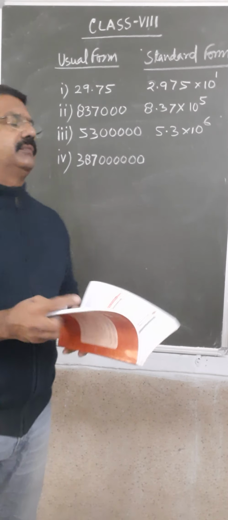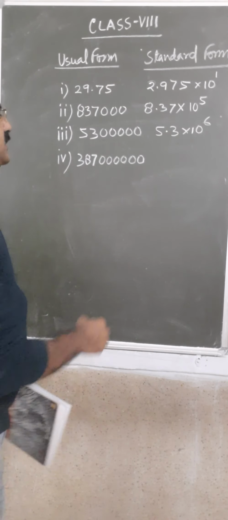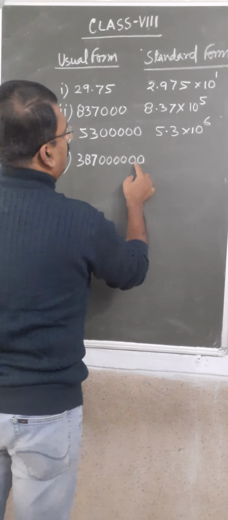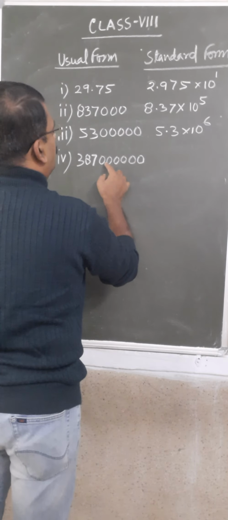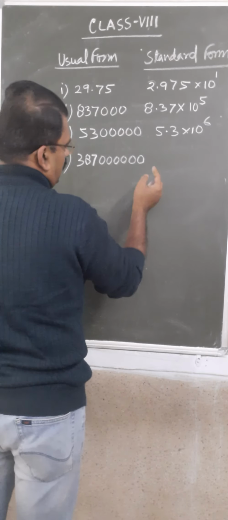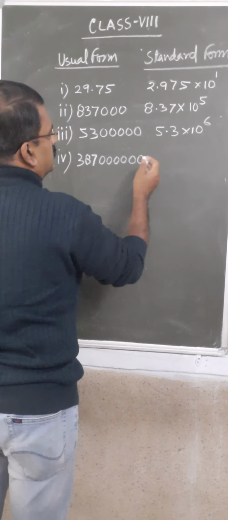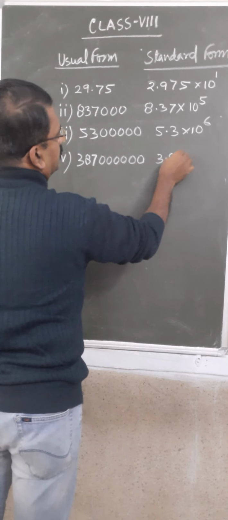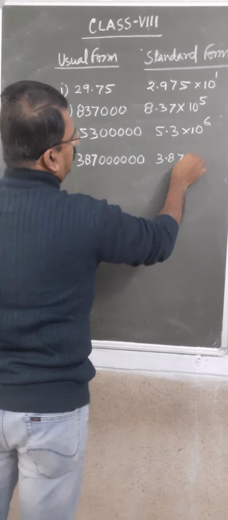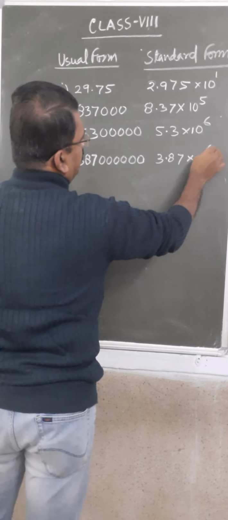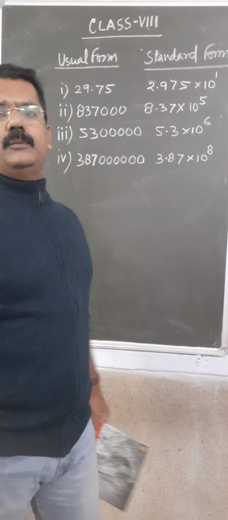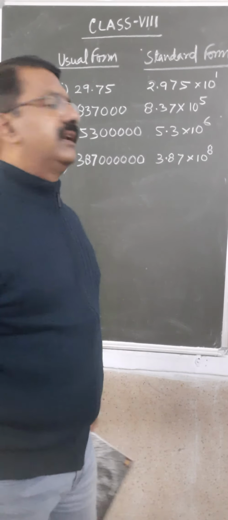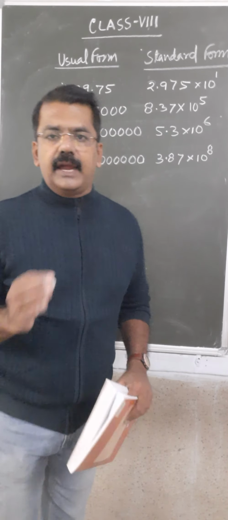Once again, you see, we can assume the decimal is here right now. So 1, 2, 3, 4, 5, 6, 7, 8. Shift the decimal 8 places towards the left. So it will be 3.87 into 10 to the power 8. As we have shifted the decimal 8 places towards the left, so we will write 10 to the power 8.